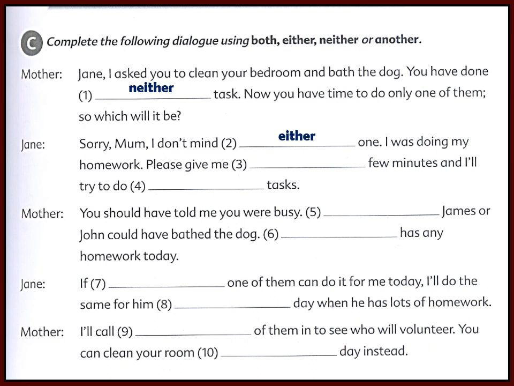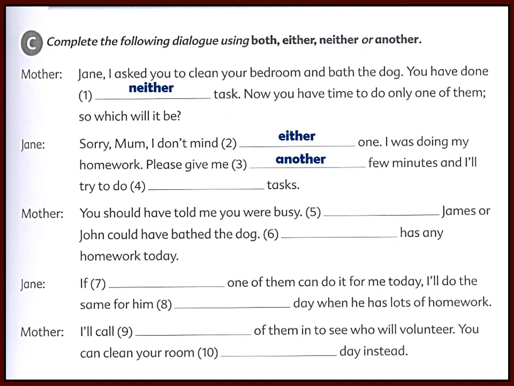I was doing my homework. Now Jane is giving an excuse here about not doing both of the tasks, that I was doing my homework. Please give me dash few minutes. Right. Now this is an interesting one. Give me another few minutes.